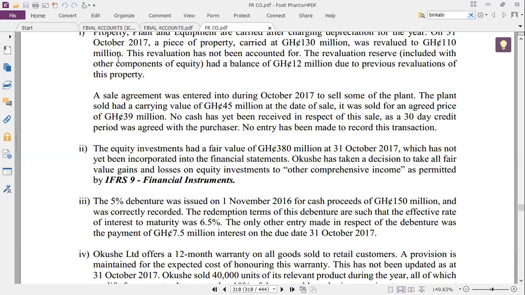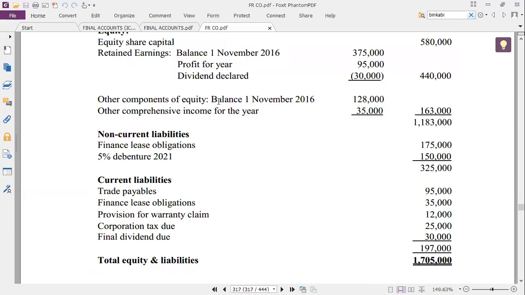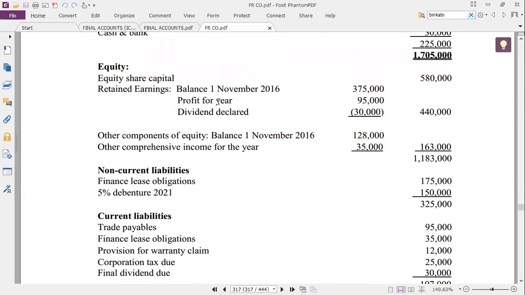Good. So immediately, someone is owing us. We sold an asset for an agreed price of 39 million. So go and add it to your receivable because someone is owing us.